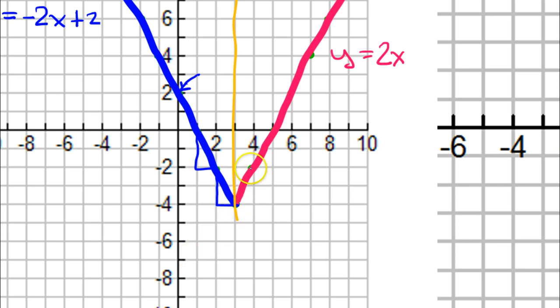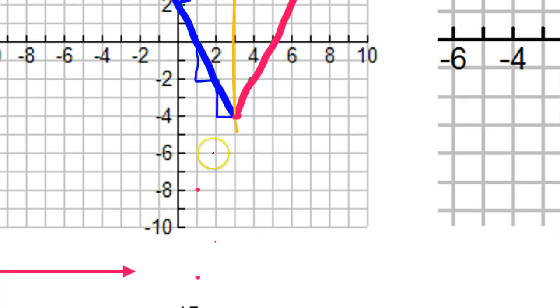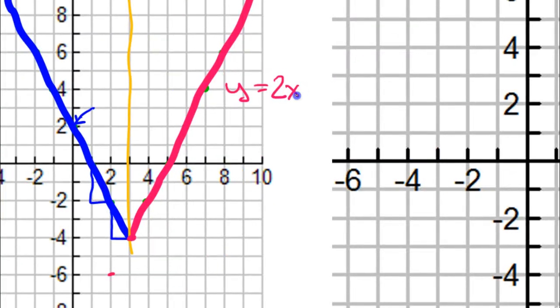But I could extend the line by continuing to go down 2 over 1, down 2 over 1, down 2 over 1. So you can see my y-intercept is actually negative 10, even though the graph stops here. The y-intercept of this line is negative 10. So that would be 2x minus 10.